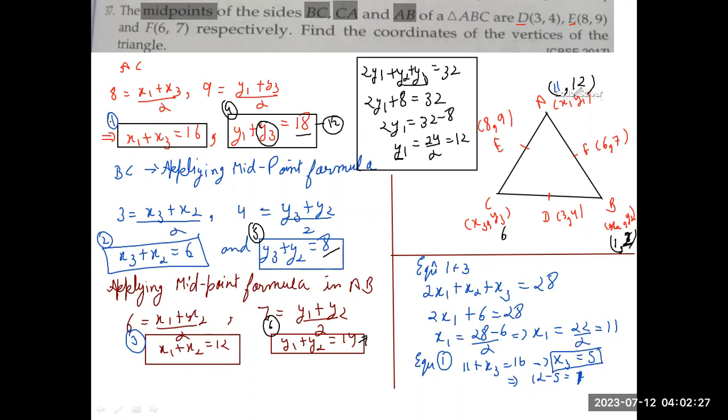So coordinate of A is 11, 12. Coordinate of B is 1, 2. And coordinate of C is 5, 6, since x3 is 5 and y3 is 18 minus y1, y1 was 12, so 6. So we got the answer here.